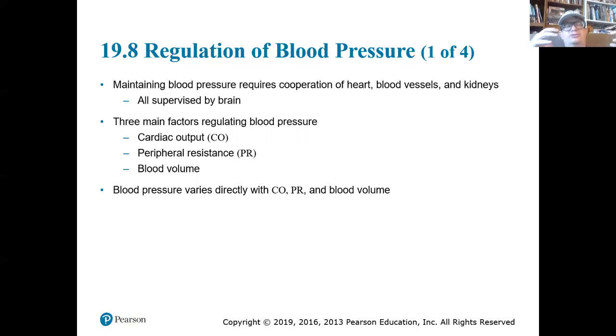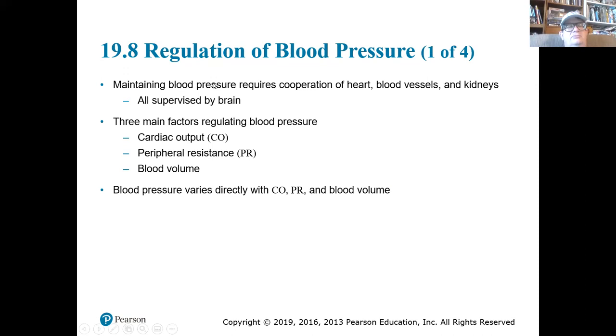You put too much pressure into the atria, and the atria will release ANP, atrial natriuretic peptide, a protein-based hormone that will cause you to pee. Why? So you can get rid of some of the volume of the blood, reduce the volume of the blood. All right. So that's why kidneys.